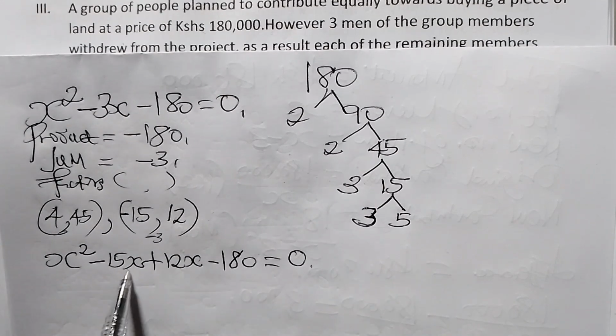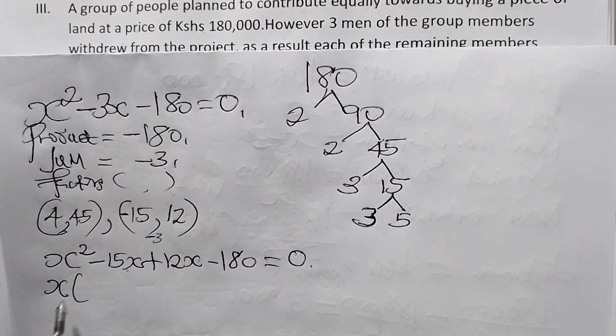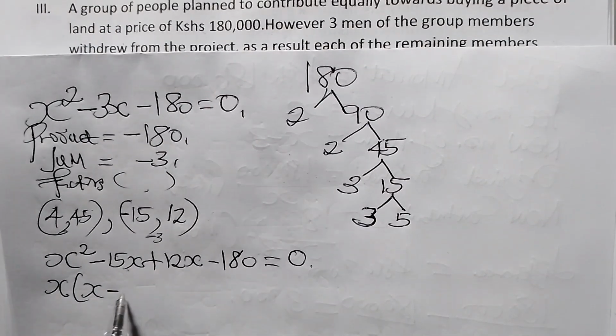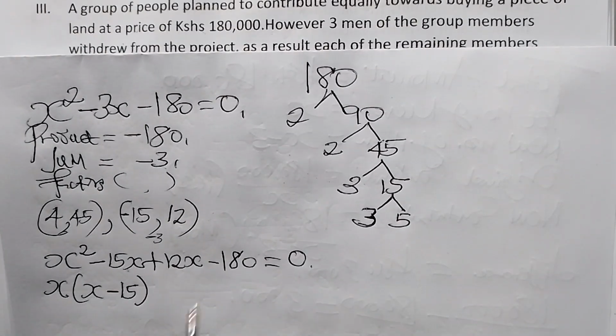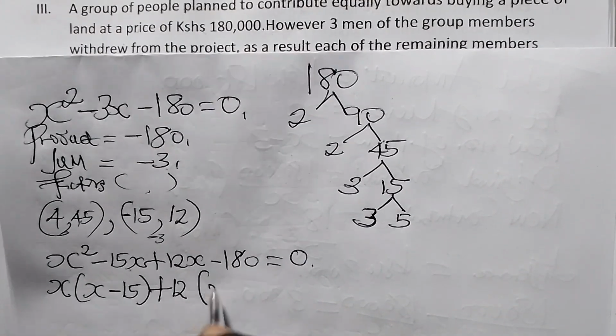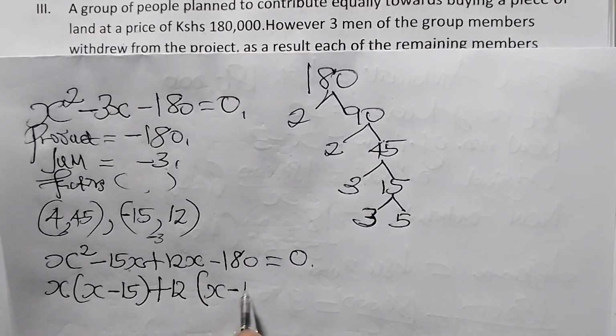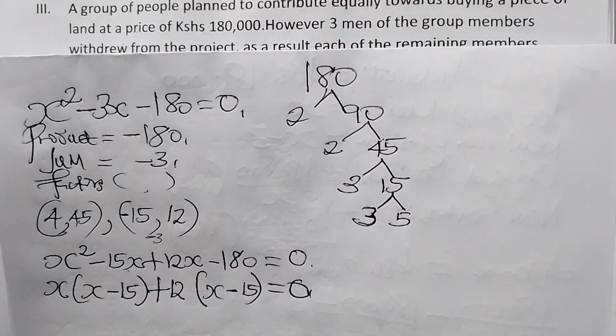We factor out what is common. x is common, so we get x into brackets, x minus 15, close brackets. 12 is common, plus 12 multiplied by x minus 15 to be equal to 0.